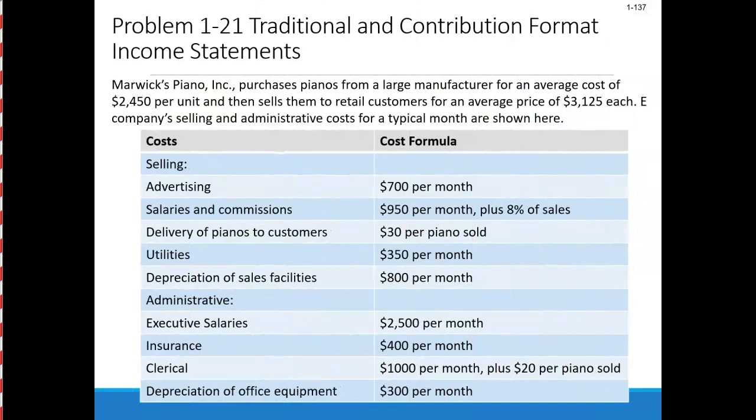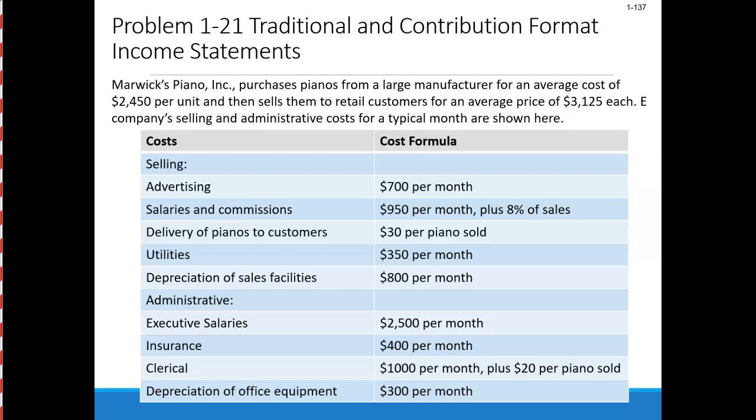So here we have Marwick's Piano purchases pianos from a large manufacturer for an average cost of $2,450 per unit, and then sells them to retail customers for an average of $3,125 each. The company's selling and administrative costs for a typical month are shown here.